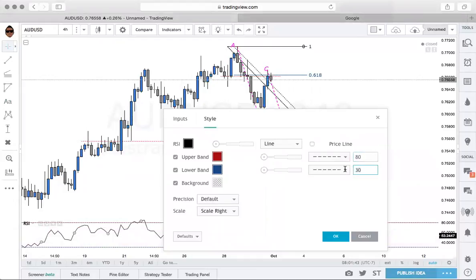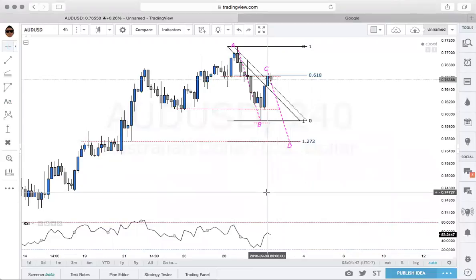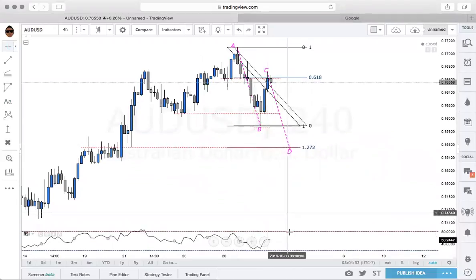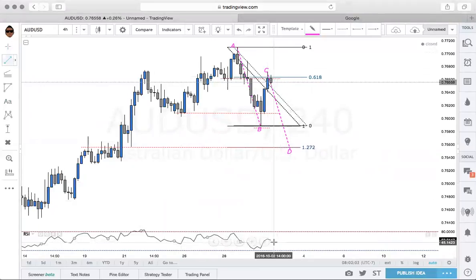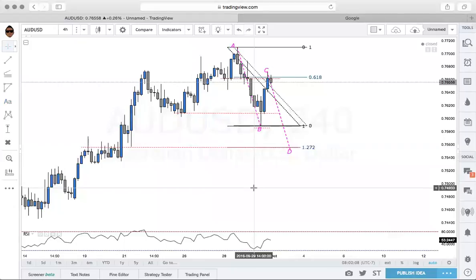I like using the 80-20 levels. There you go. So if you're using the RSI, you can see that the price is turning over, so we can definitely expect maybe possibly a head down into the oversold condition. So that's one option there.